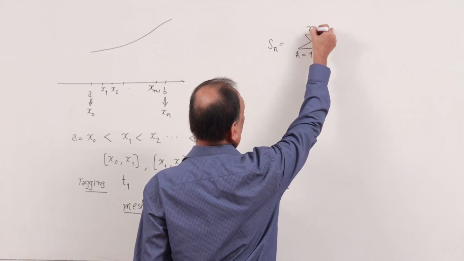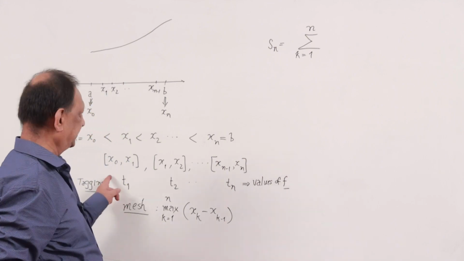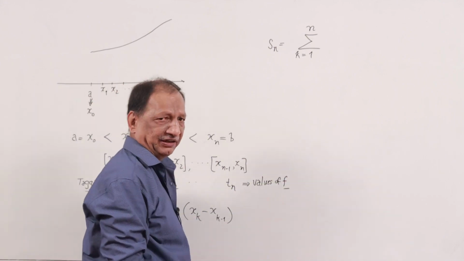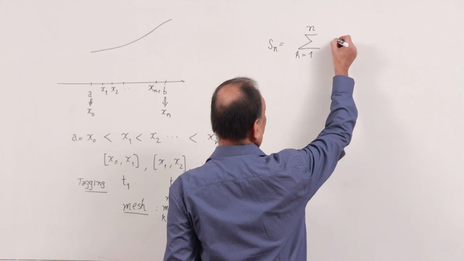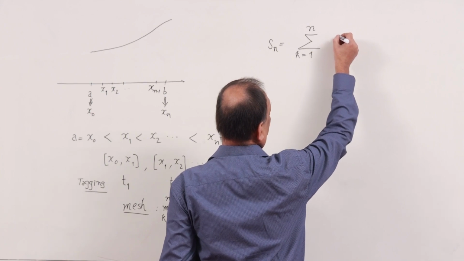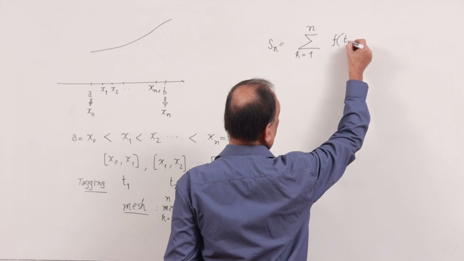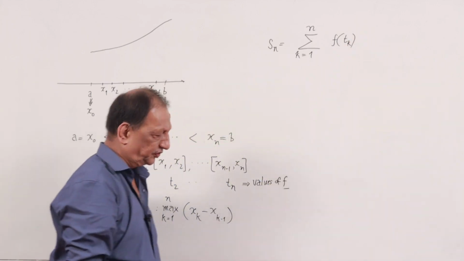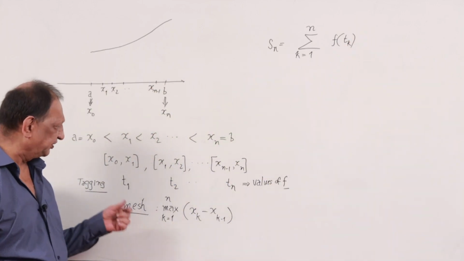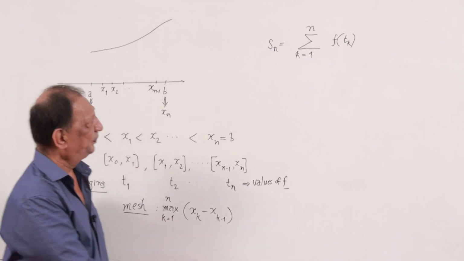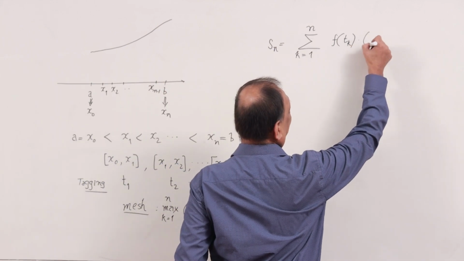That means we are walking over these n intervals, and for each interval we multiply the value of the function at the tag in the interval by the width of the interval.